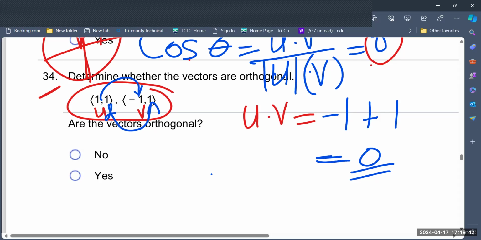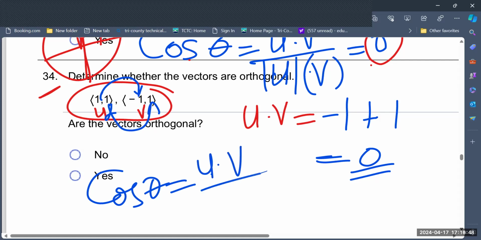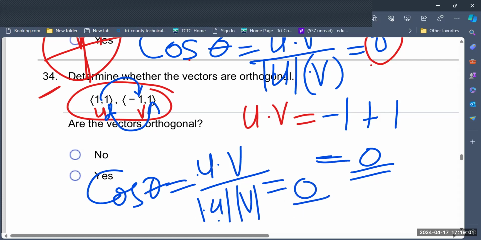Also, if I find the cosine theta, it is going to be u dot v over the magnitude of u multiplied by the magnitude of v. It doesn't really matter what the denominator is because it's not going to be 0. It will not be 0 over 0. The numerator is already 0, over whatever quantity is right here.